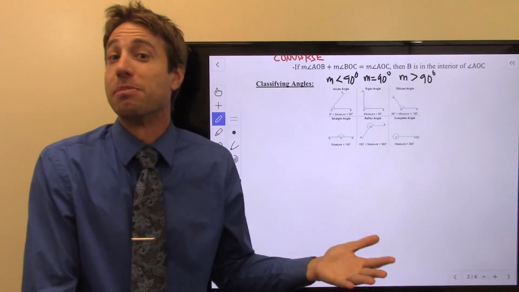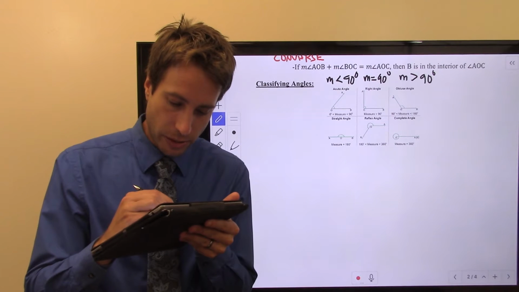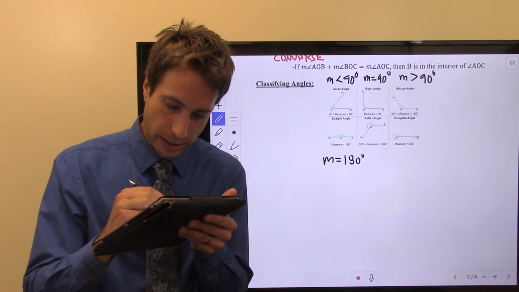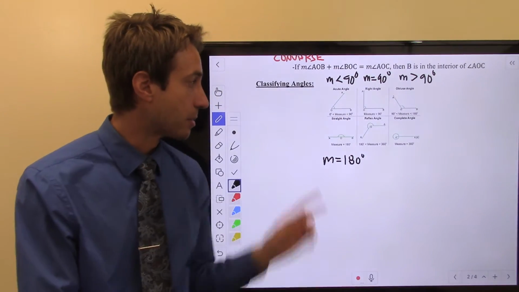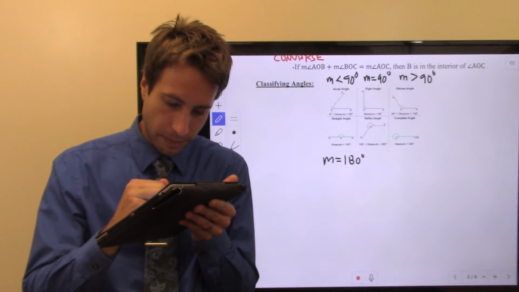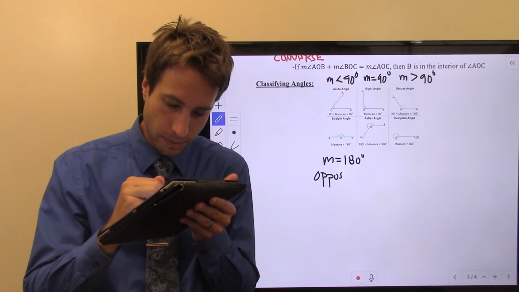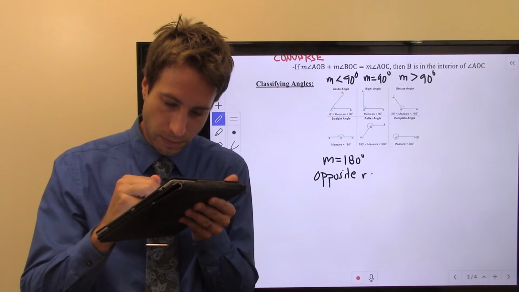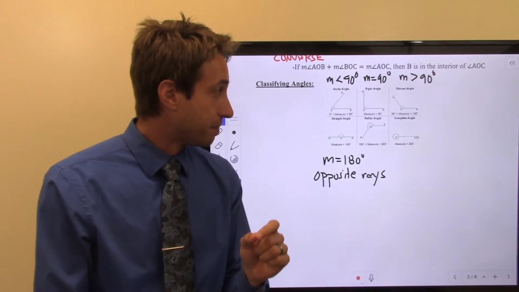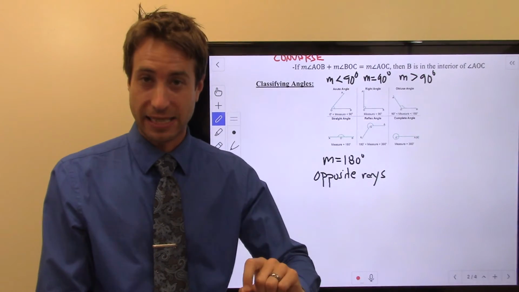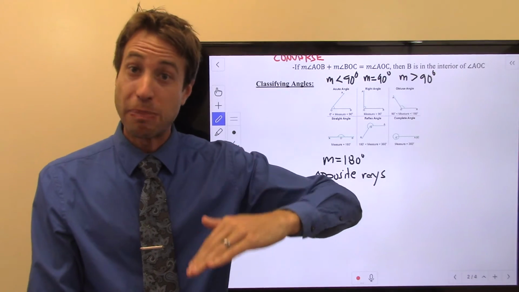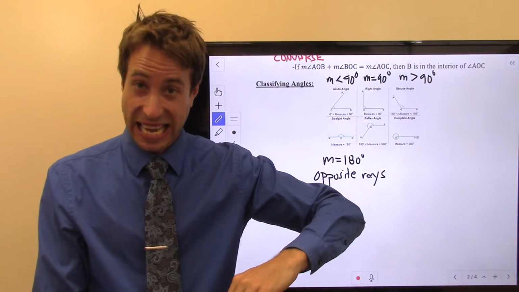Straight angle has a measure of 180 degrees, so the measure is equal to 180 degrees. That's going to be a straight angle. That's essentially opposite rays, all right? So this is opposite rays. Okay, and then you have a reflexive angle. What we call a reflexive angle is going to be an angle that measures past 180 degrees.